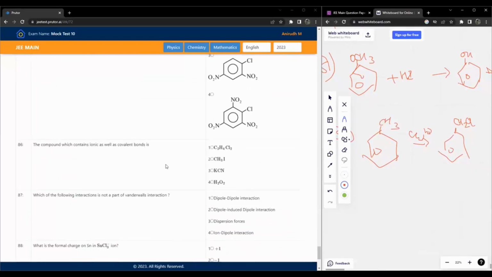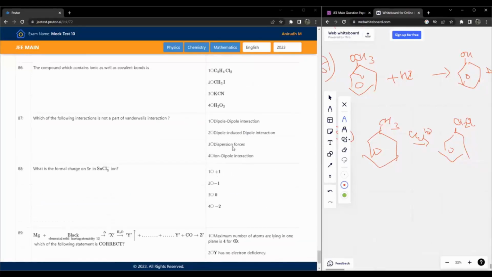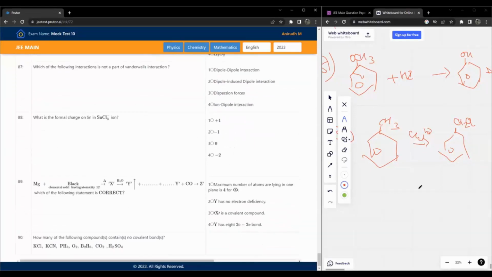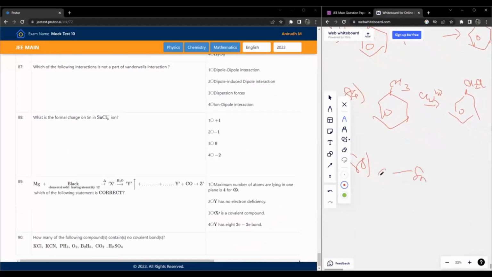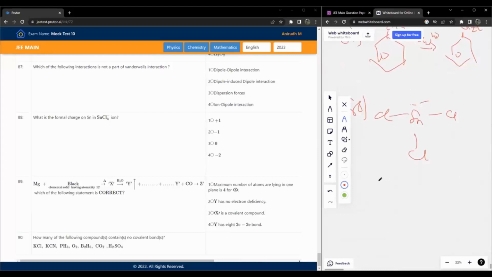86. The compound which contains ionic as well as covalent bonds is KCN, because CN has a covalent bond. K plus CN minus, that's an ionic bond, right? The interaction that is not part of van der Waals interaction is ion dipole. Formal charge on Sn in SnCl3 minus is a tricky question, right? Sn is bonded to three Cl. The number of valence electrons is 4.